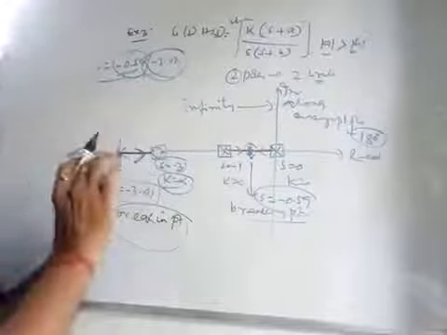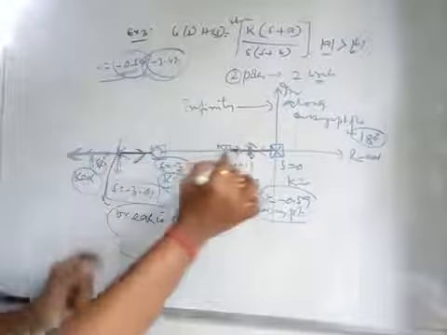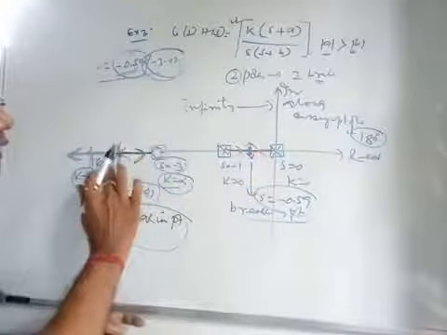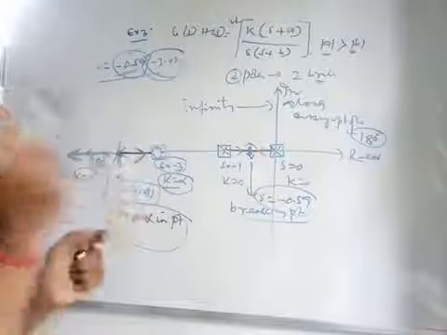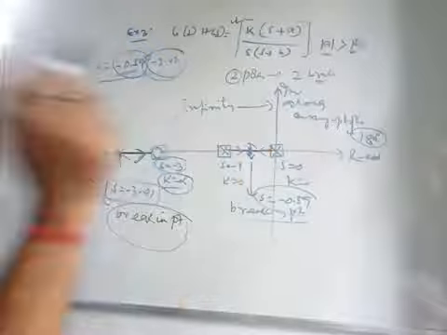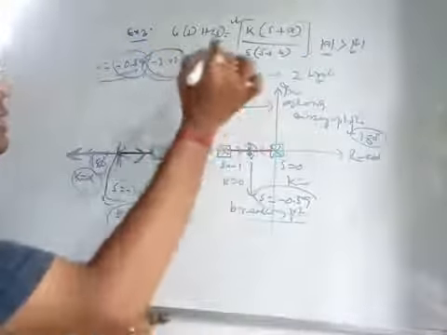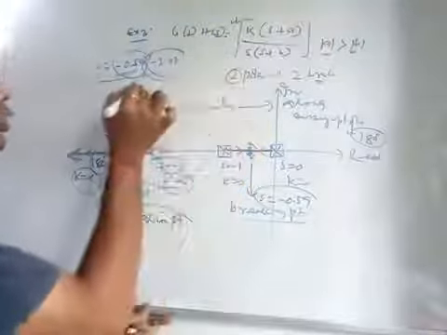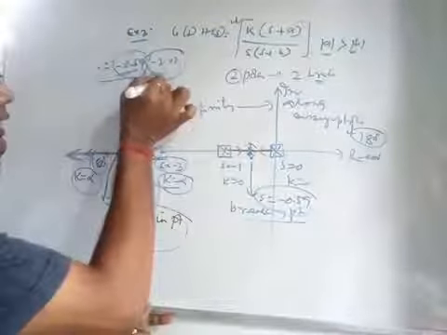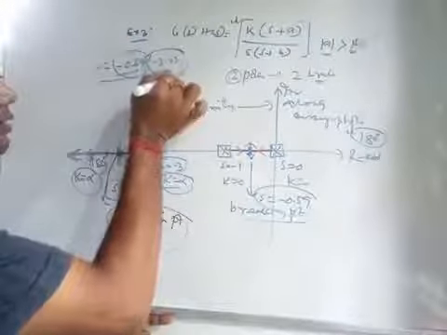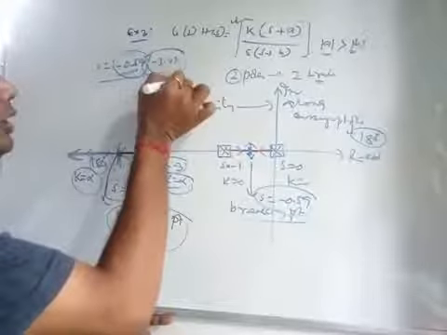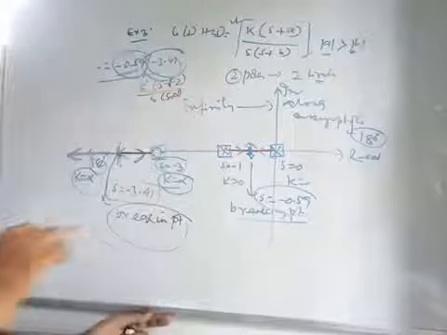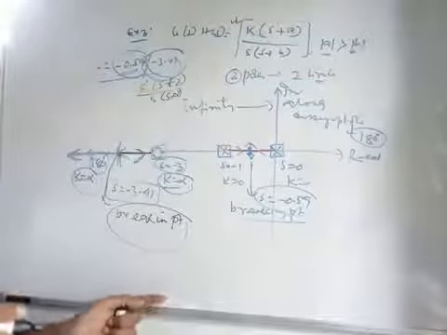And once you are getting 2 points, that means the locus will be circular in nature, and the radius of the circle is what you see. The problem was s plus 2 over s into s plus 1, right?